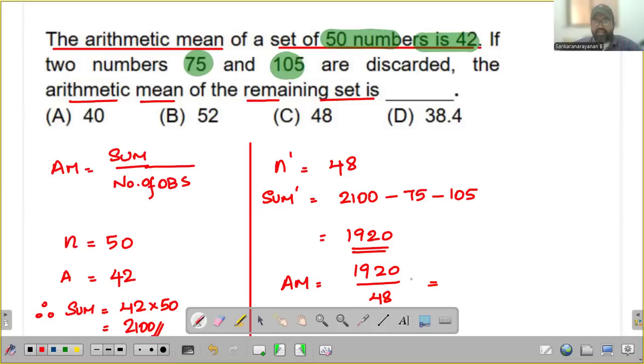And how much will be the value? 2100 minus 75 minus 105, that is 1920. 1920 by 48, when you do, you will get the number here as 40. So the arithmetic mean of that remaining set, option A, 40, is going to be our answer.